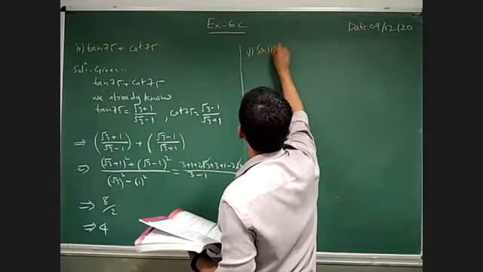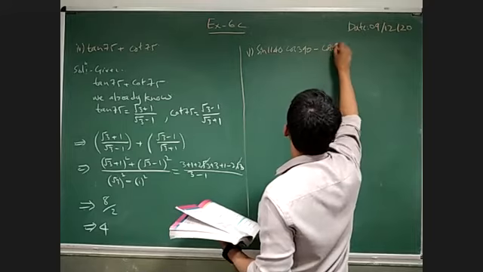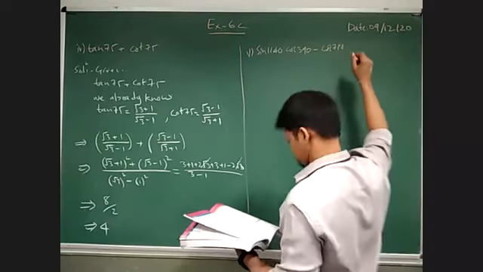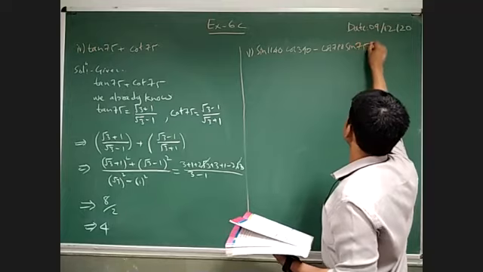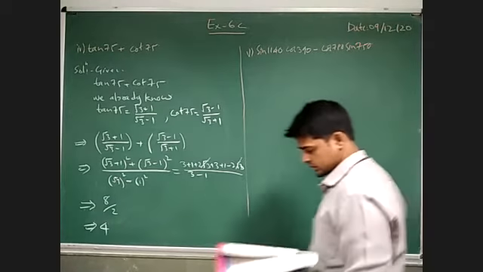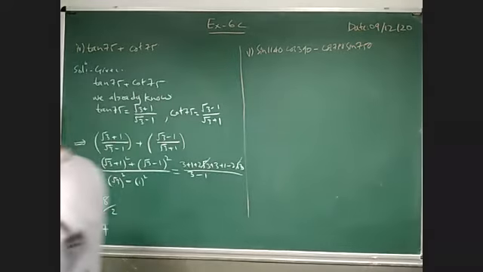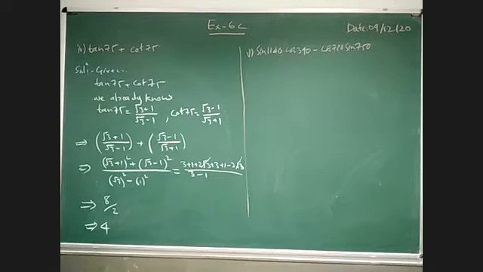Sine 1140 cos 390 minus cos 780 sine 75. So this is the question, and we have to simplify this term.